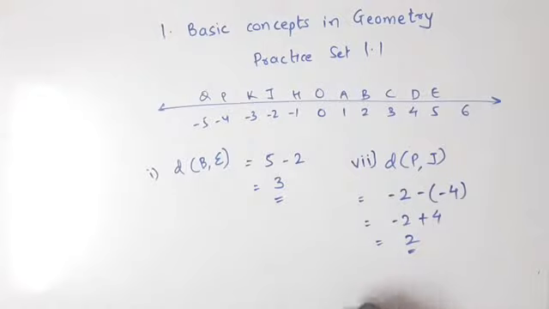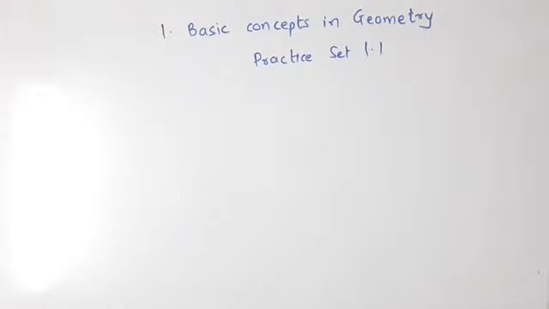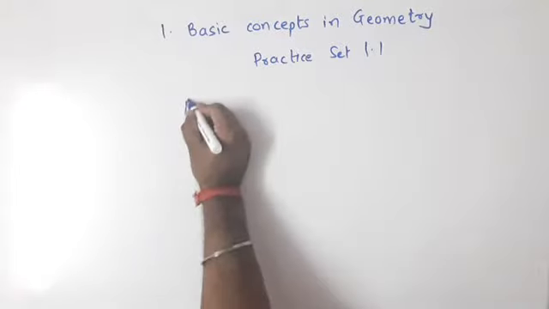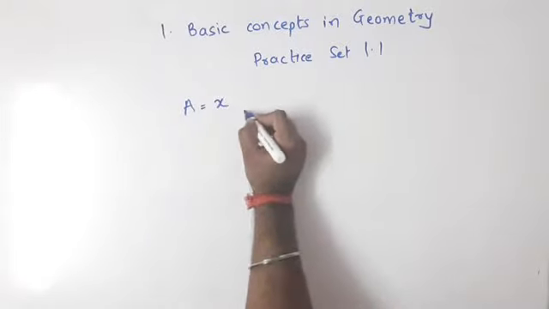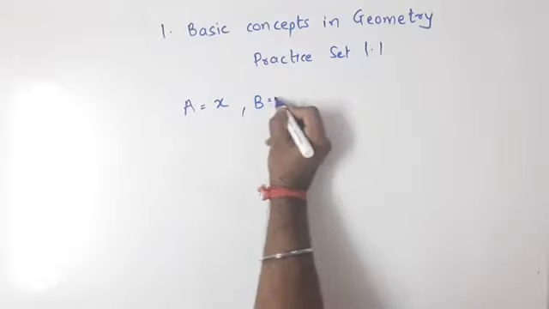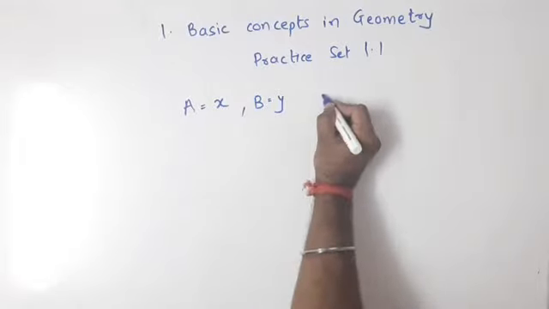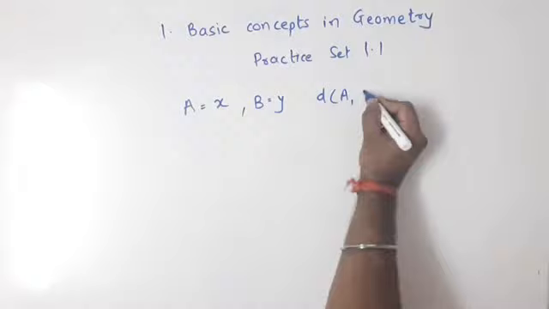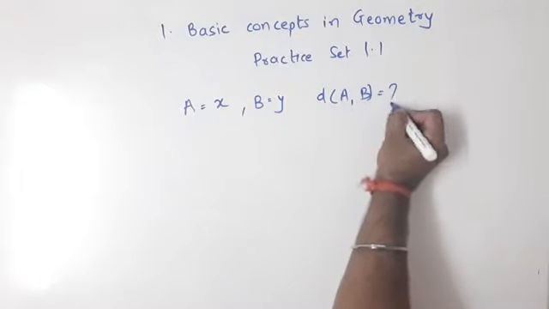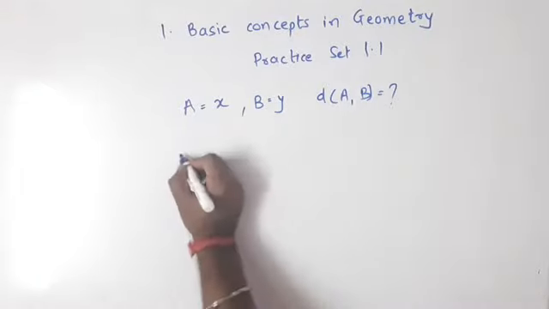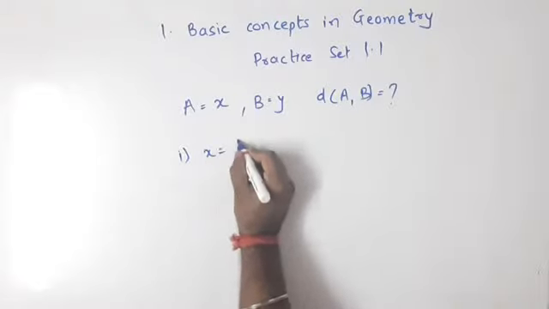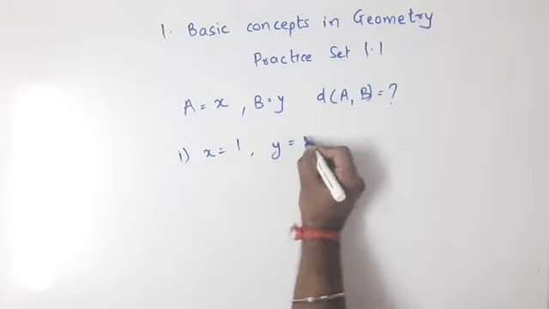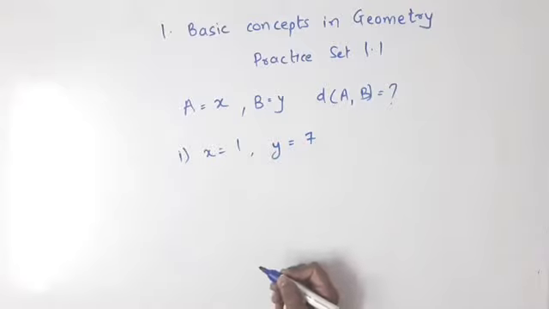Okay, so we'll move on to question number 2. Question 2 is, if the coordinate of A is x and the coordinate of B is y, then find distance AB. This is what they have asked, and the first one they have given is x equals 1, y equals 7.